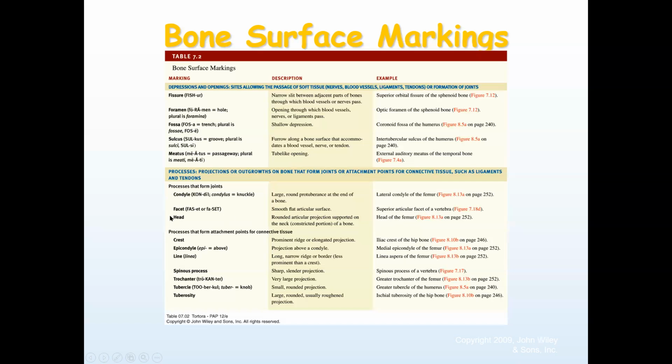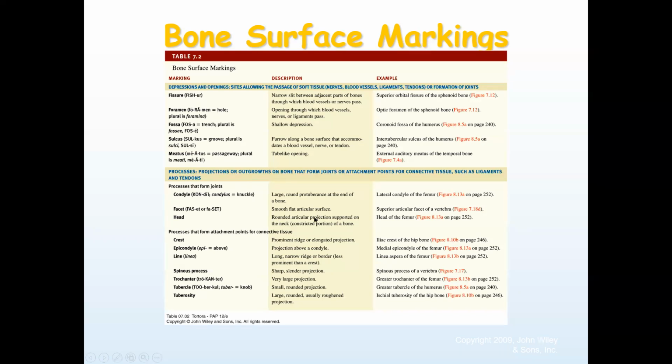Then now we have head. The head is a rounded articular projection that tends to be supported on a neck. I mean, normally heads have necks, right? So basically you have a rounded end of a bone that sticks out from the main bone on a narrow shaft, which we call a neck, right?